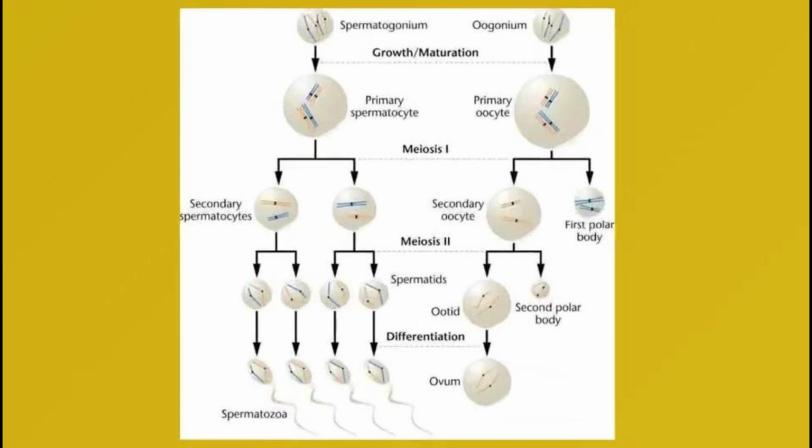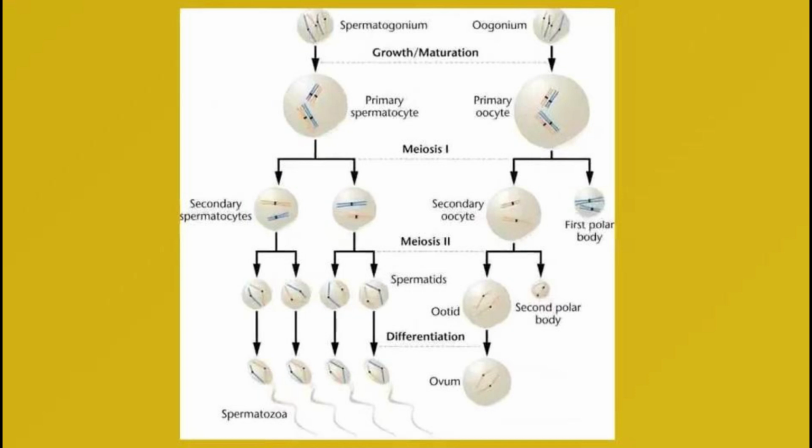So I'll say that again. The meiotic division starts in utero, but is halted at the prophase phase, and the rest of the development only occurs in response to fertilization. And we're going to go over the process of fertilization in the next section.